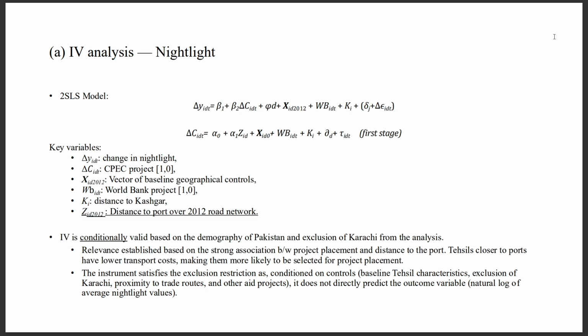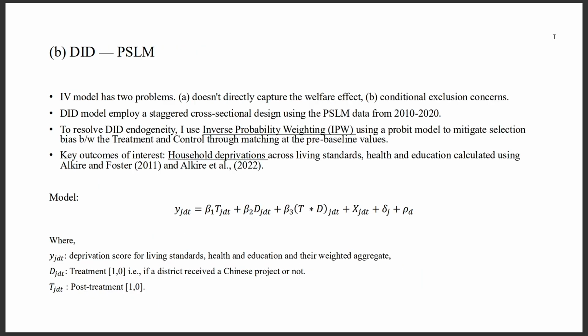But again, there are problems with this. It's also a distance-based measure when in fact there are transportation projects that are part of the CPEC as well. So I cannot completely rely on my first empirical strategy. To overcome that limitation, I use another empirical strategy, which was DID.